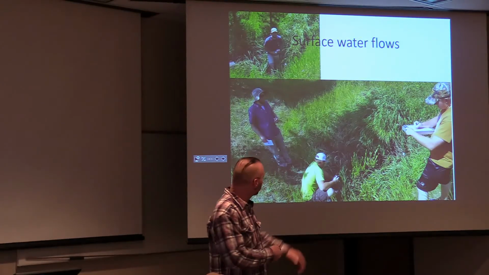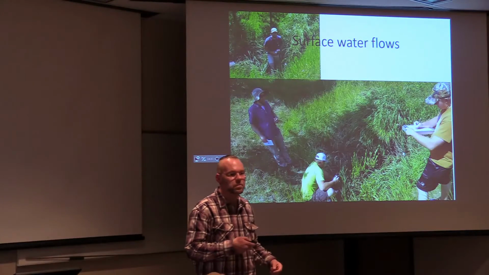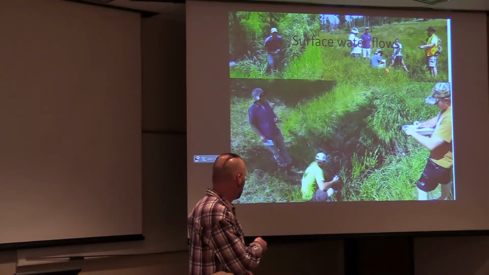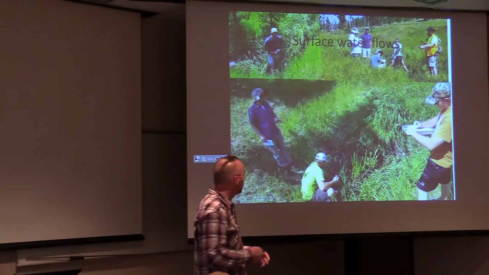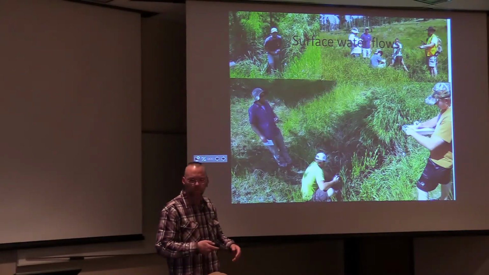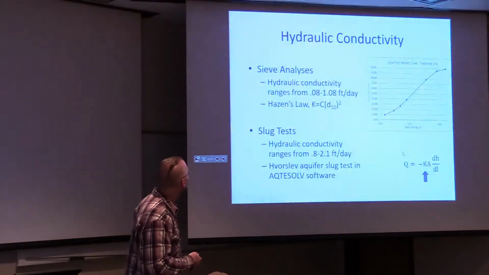It's like a pulse of salt, and records that, and you can calculate that into a flow. Every site we did that, we compared with a traditional velocity area method. It came out pretty close, and acceptably close. I don't remember the error, but we trust our surface water flows.